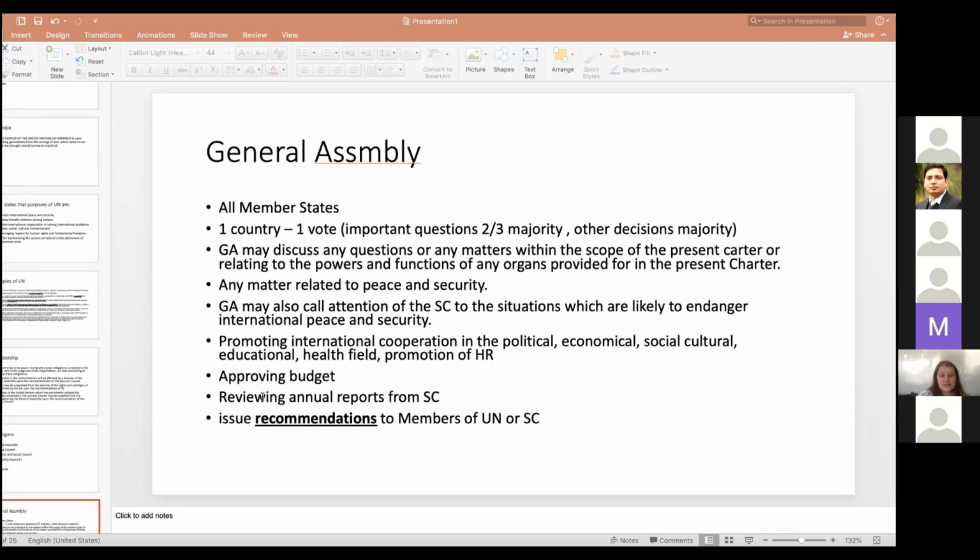Now we will discuss the Security Council. The primary responsibility of the Security Council is to maintain international peace and security, and its powers are concentrated in two particular categories: the peaceful settlement of disputes and the adoption of enforcement measures. We have 11 members, and 5 permanent.